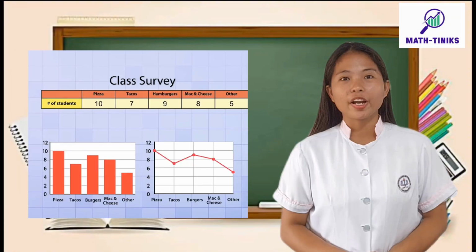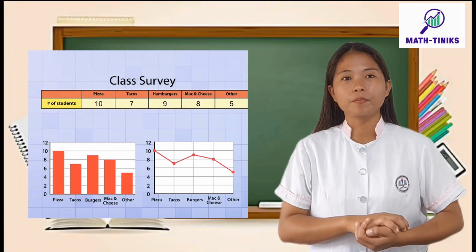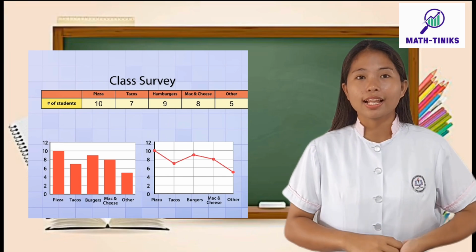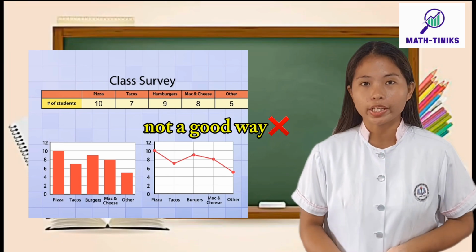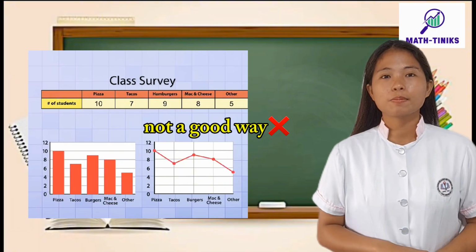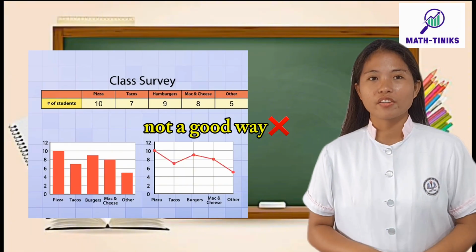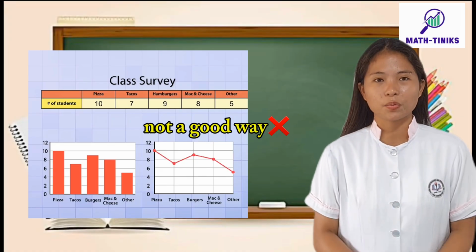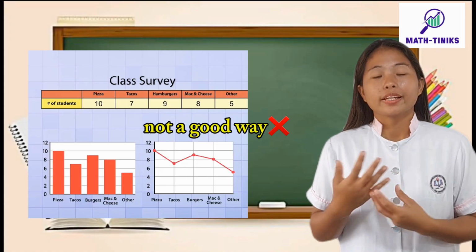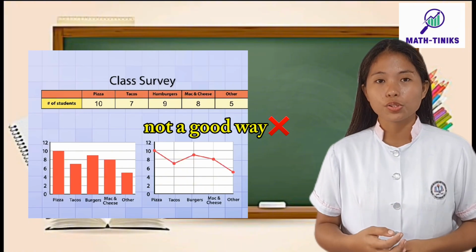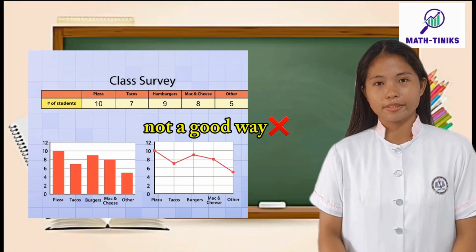Here's a bar graph and a line graph of that data side by side. Can you think of a reason why the line graph wouldn't be a good way to represent this data? Yup, this is because the options on the horizontal axis aren't related to any natural sequence. It doesn't really matter which order the different foods are listed in.